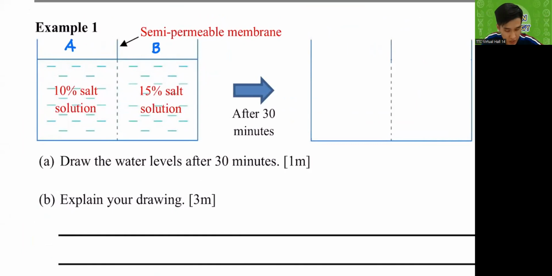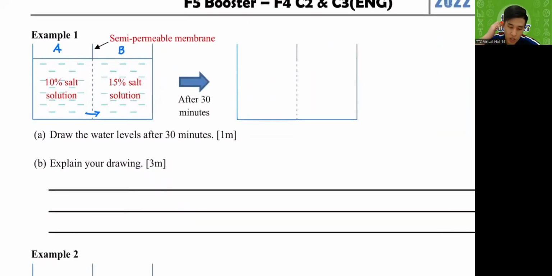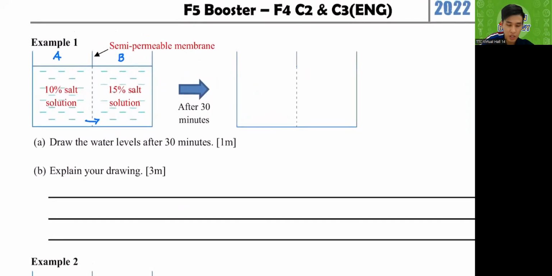So definitely, once again, A to B. 90 to 85. So which means where will have more water after 30 minutes? B, right? A flows to B. So it'll be something like that.